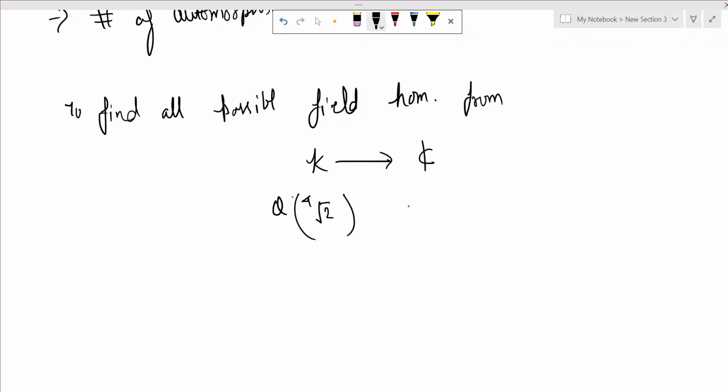Right. Now see, I can send this fourth root 2 to fourth root 2.